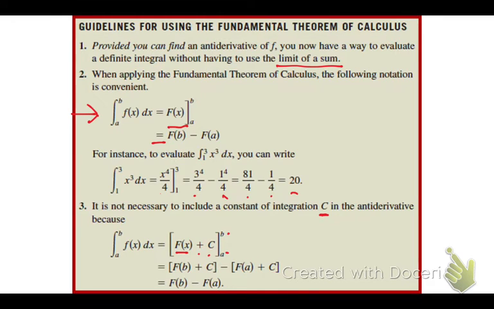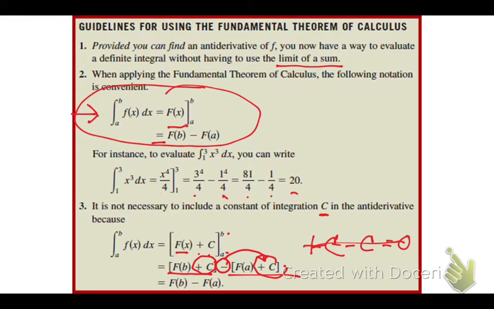So I plug in b, I plug in a. Well, I distribute this negative, correct? So that would be plus c minus c, which would be what? 0. So does it even matter to be there? No. So when we do these, we aren't putting the c.